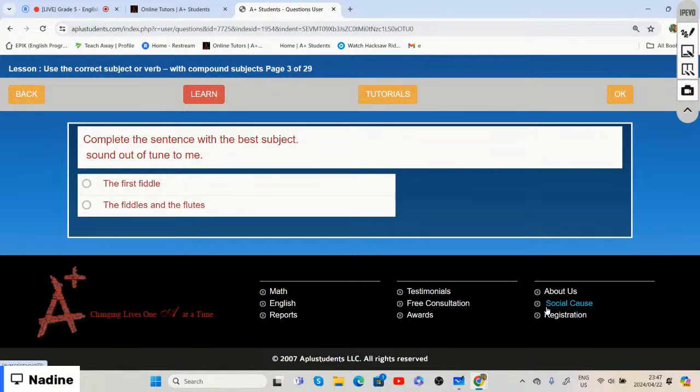All right, and if we choose the correct one, we're going to say the fiddles and the flutes sound out of tune to me, because remember we said we have a plural subject, right? It needs to agree with a plural verb with no s, es, or ies.